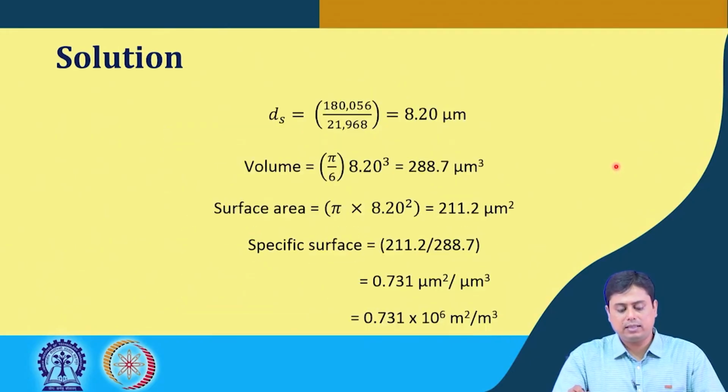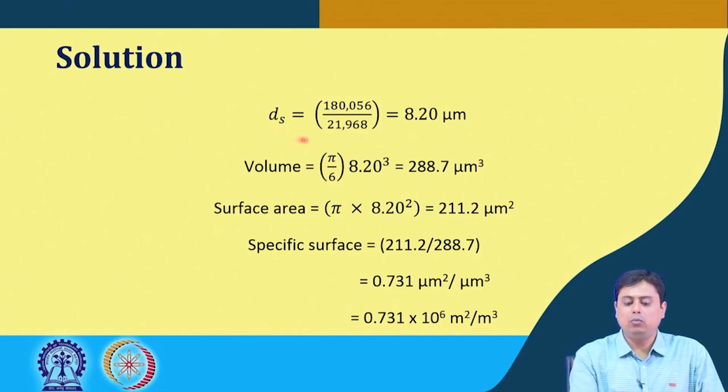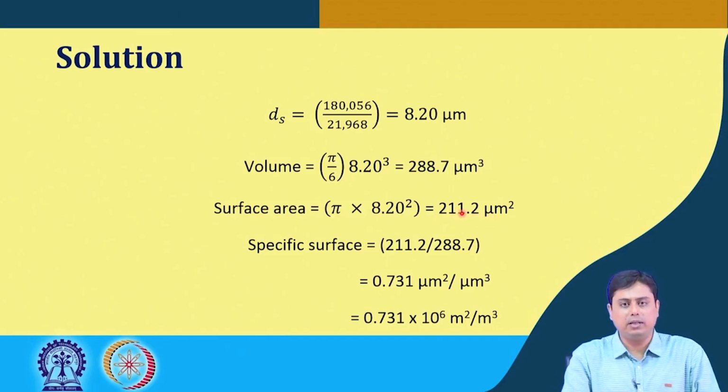If you now consider that this 8.2 micron is the diameter of a spherical particle, and then calculate its specific surface area, the volume of a spherical particle having this diameter is 288.7 cubic micron, and the surface area comes out to be 211.2 square micron.